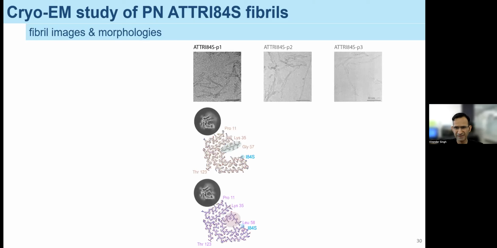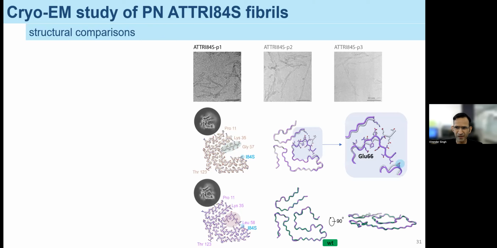So for patient 1, we observed a similar class with the closed gate conformation, but surprisingly, we also observed a new polymorph, which is different from any reported till now. This is an open gate conformation. If you look closely, there is a mutation at this residue: isoleucine is now mutated to serine.